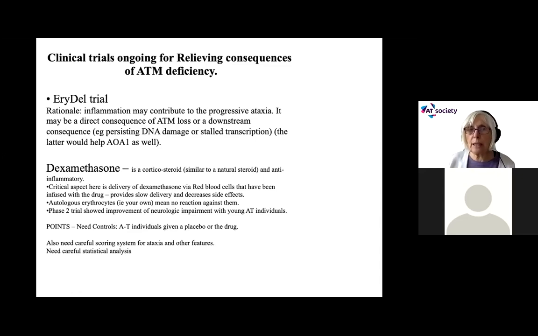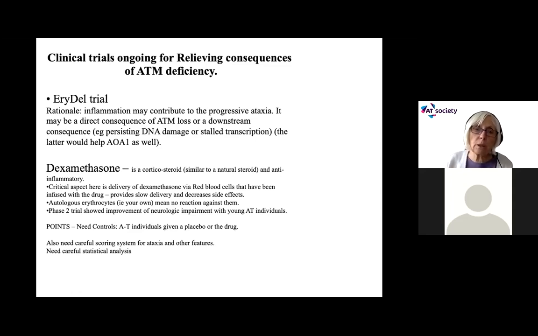So again, the question is whether it's inflammation which is compounding, making worse some of the progressive ataxia. The critical aspect here is the delivery of dexamethasone in a manner which is slow. It's being delivered slowly, and that diminishes the side effects.